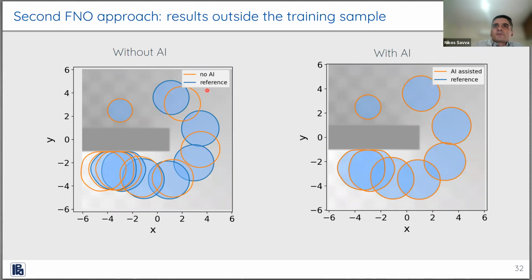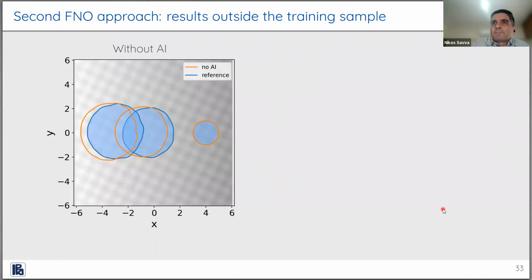For comparison, if we were to apply the first approach of the FNO that I described earlier, agreement tends to be good up to about this point, and from that point on, it becomes completely off. So it means that the second approach that we have adopted is actually a better idea.